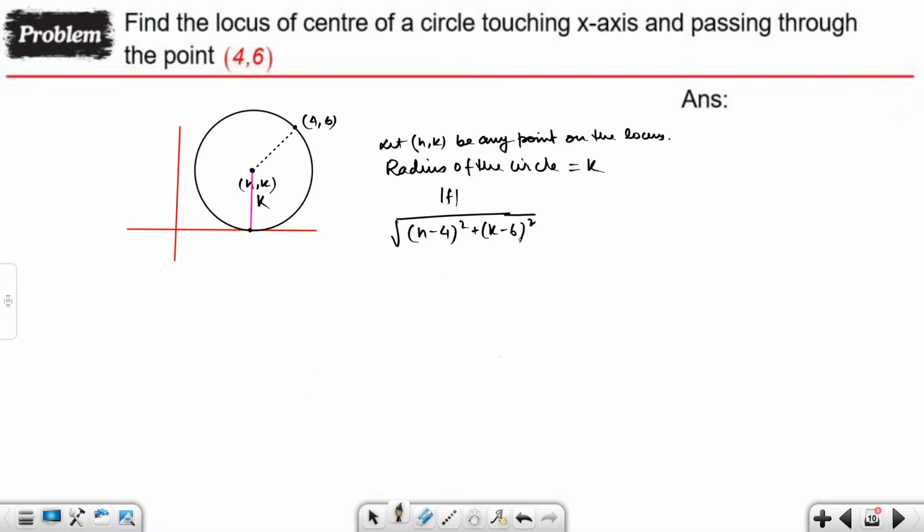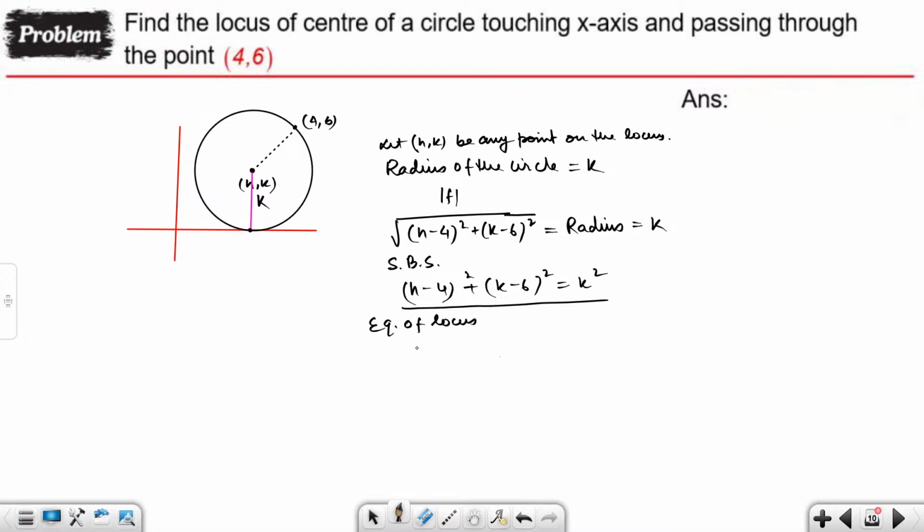And this distance is nothing but its radius, which is nothing but k. So if I square both sides, this is a relation which contains your h, k and constants. So this is the equation of the locus.